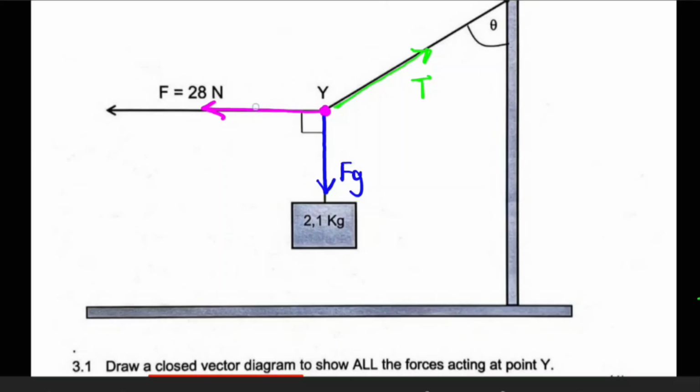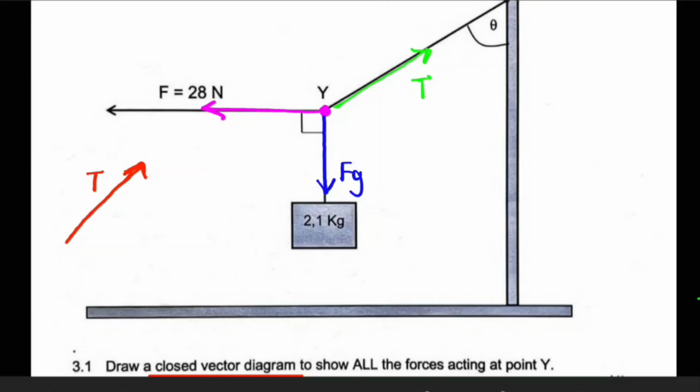So we're going to try to rearrange these arrows so that they form a triangle, while also drawing them head to tail. I'm just going to do it on the left hand side here so that you can see what we're doing. I'm going to choose to start off with tension. It does not matter which one you start off with. Here's my arrow for tension.